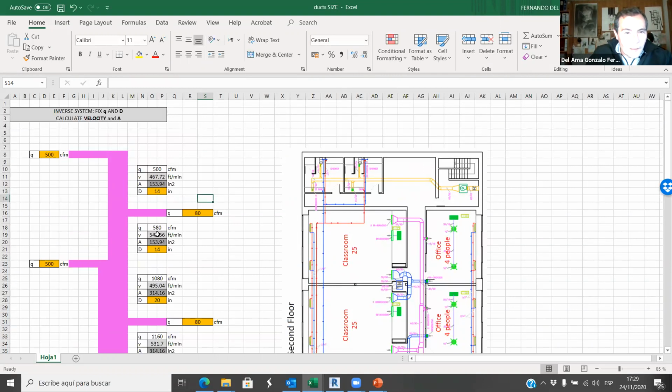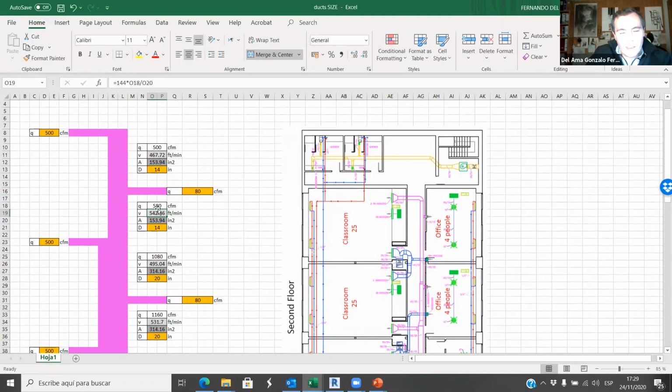And that's it. So what about this one? In this case, the flow is this diffuser plus this diffuser. And this is the same. So this is the CFM divided by the area, this velocity. And the area is this.